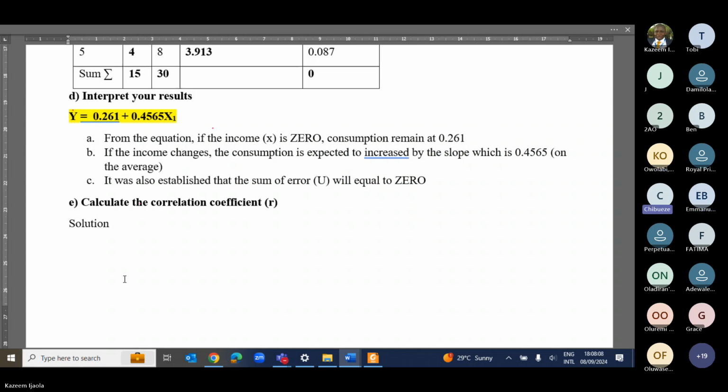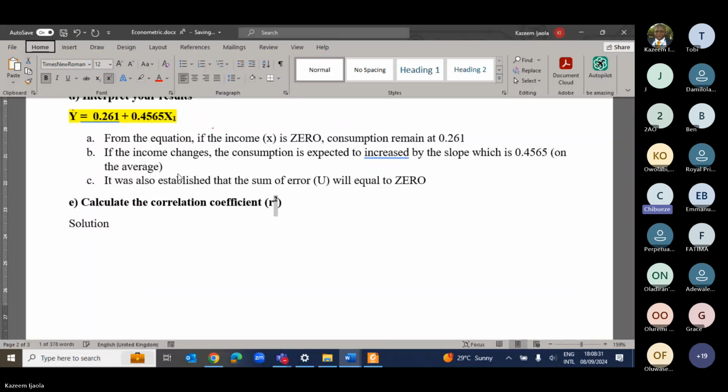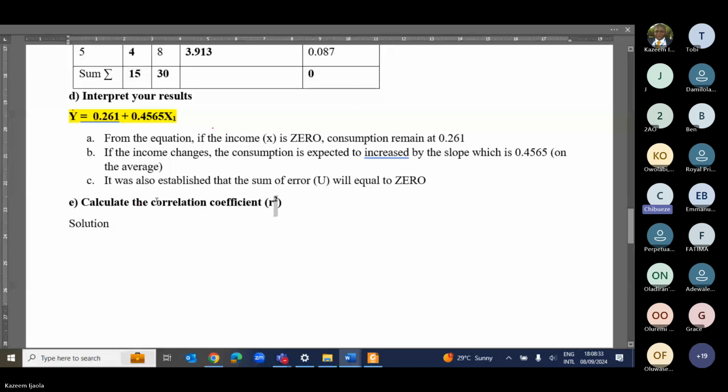You asked Kazim a question, and when Kazim was saying that when your income increases and your consumption also increases, he said it doesn't occur in the Nigerian case. It's wrong. It actually occurs. The thing is that both of them don't increase at the same rate. Let's say your income, for example, is 500.